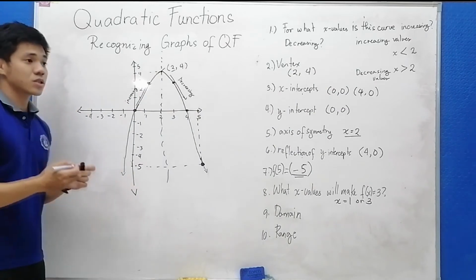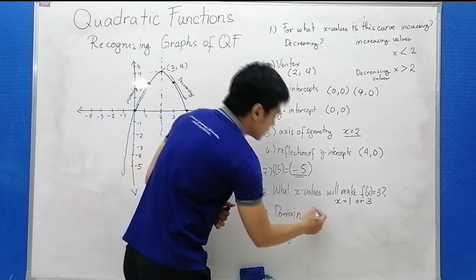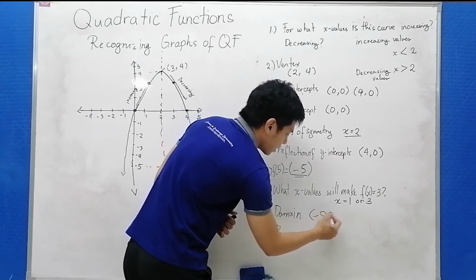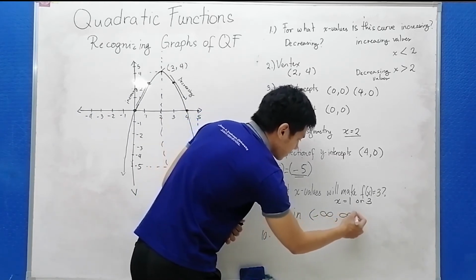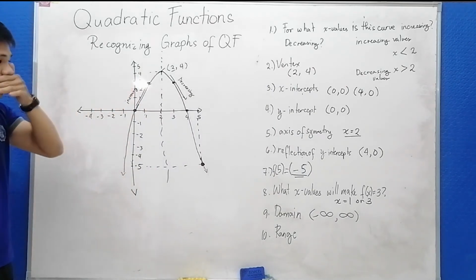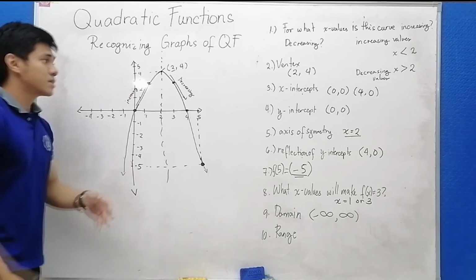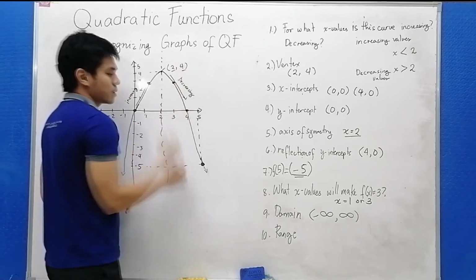And then for domain, as we said a while ago, the domain is going to be infinitely negative and infinitely positive. Looking at our graph, remember our graph is facing downwards. So if it's facing downwards, what is the k value? The k value is 4.